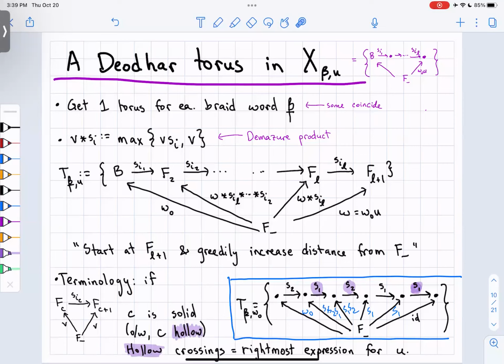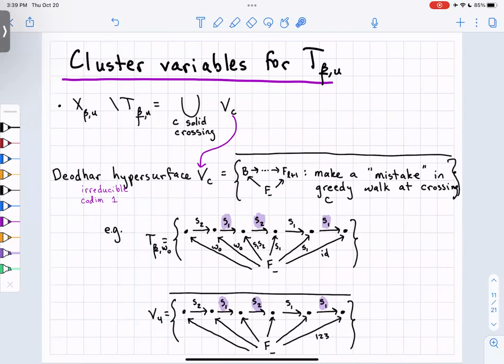Okay, so right, I got my torus. Now let me tell you about this distinguished basis of characters. And I'm always glad to do this part in front of a geometric audience rather than a combinatorial audience, because I'm going to give you a geometrically very satisfying answer and a combinatorially kind of bad one. So how do I get this distinguished basis of characters?